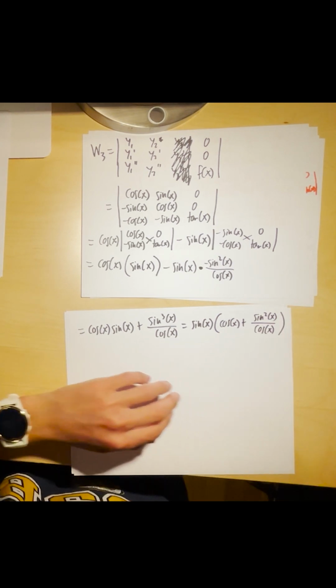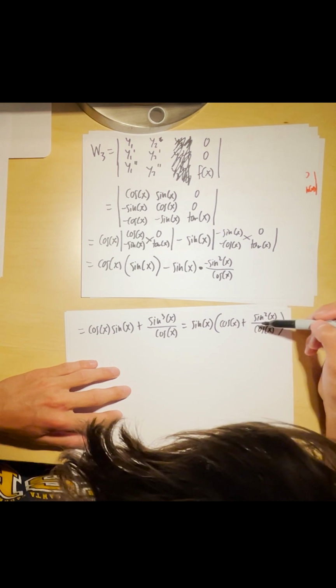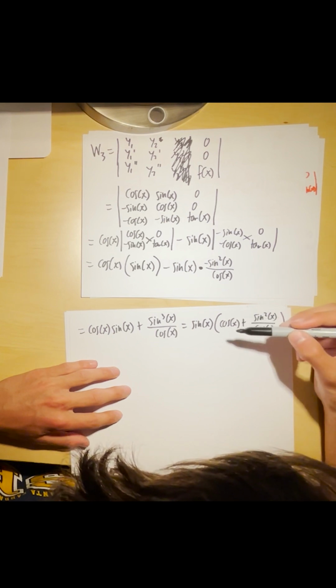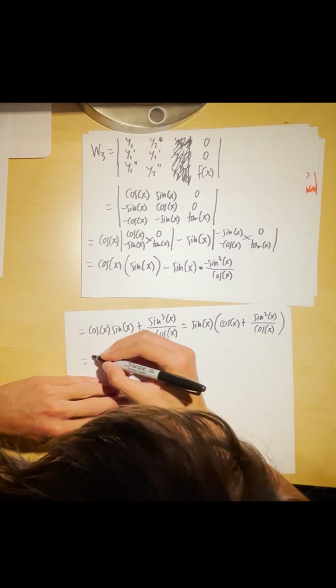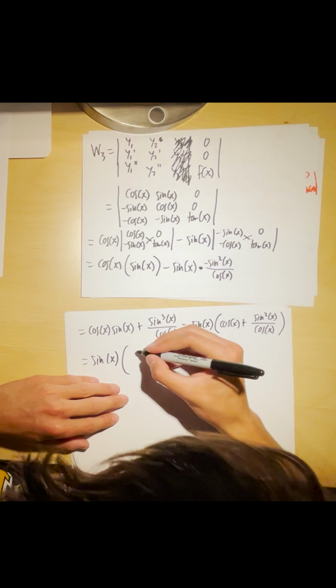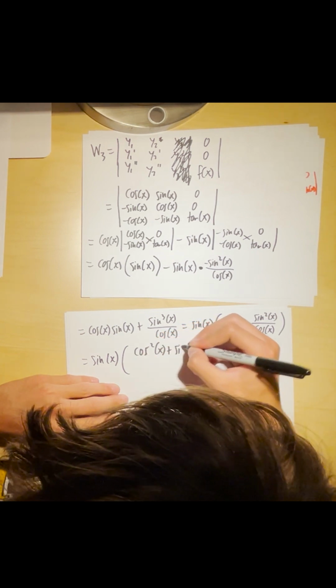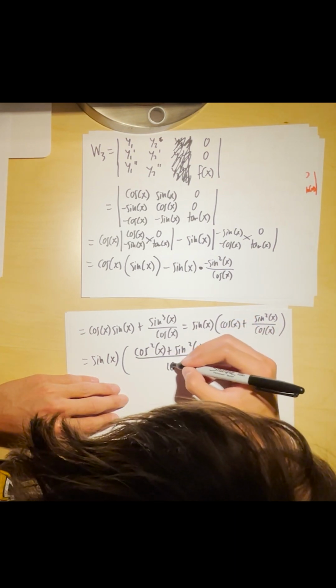And now we want to get a common denominator on the inside, so we have to multiply this cosine x term by cosine x over cosine x. And so then we get cosine squared of x on the top. We can add that to the top and divide that all by cosine x.